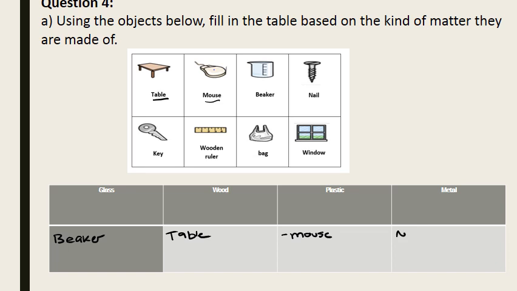The nail is made out of metal. The key is also made out of metal. The wooden ruler is made out of wood. The bag is made out of plastic. And the window is made out of glass.